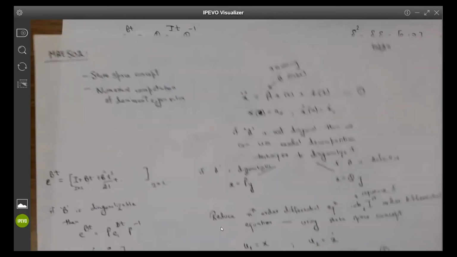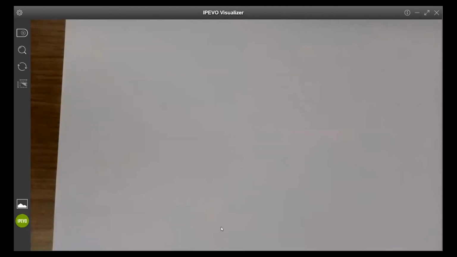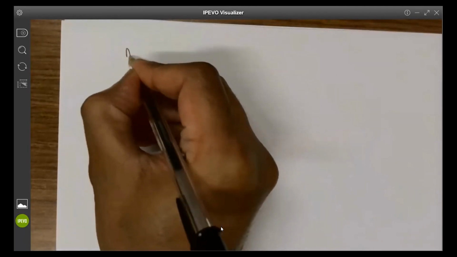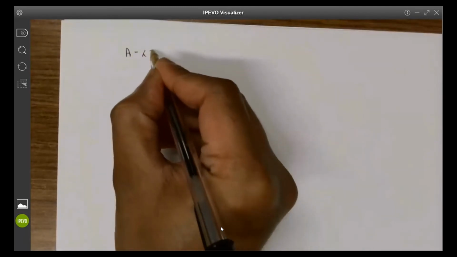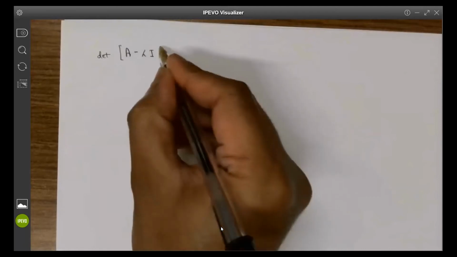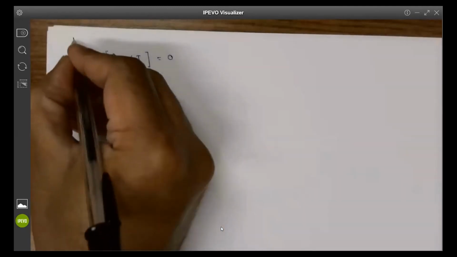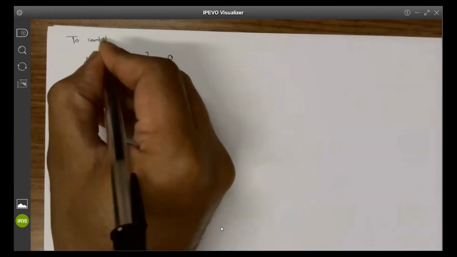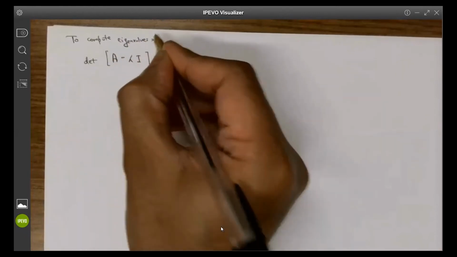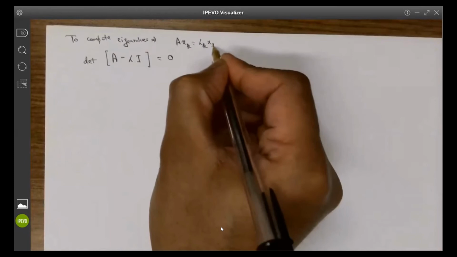So far, what we were doing for computing the eigenvalues was solving this system of equations, eigenvalues of matrix A, where A x_k equals lambda_k x_k.